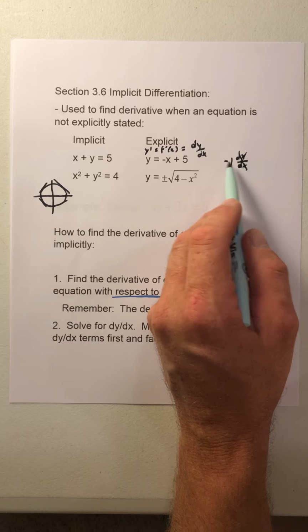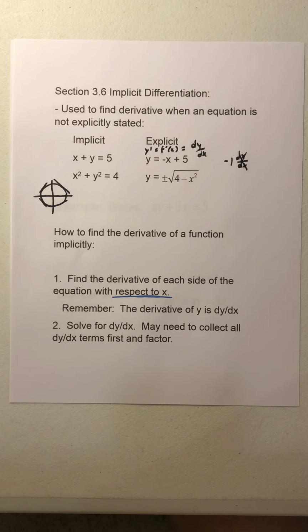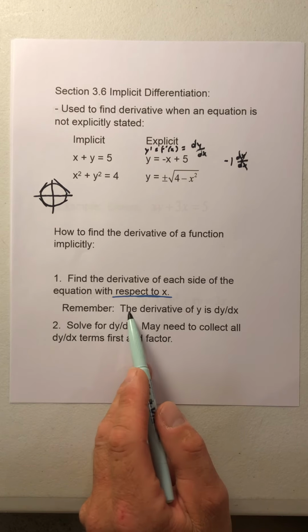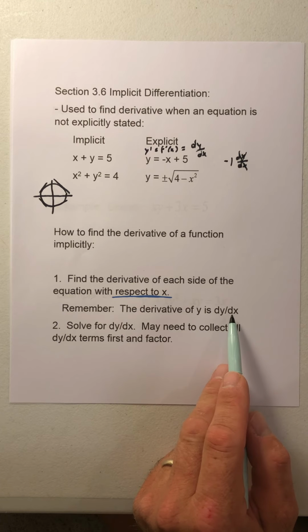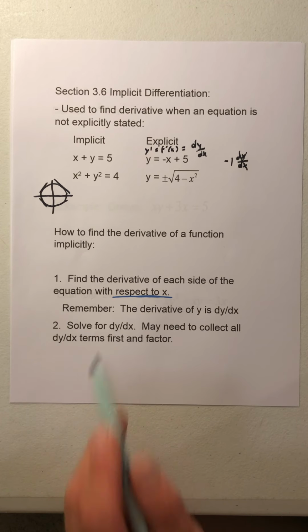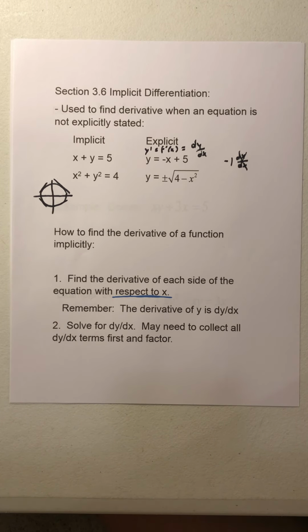Derivative of 5 is 0, so we get a negative 1. We haven't explicitly written dx, and we don't need to, but we're always taking the derivative with respect to x. Remembering the derivative of y is dy dx, we then want to solve for dy dx. So we're going to collect all the dy dx's and solve for that.